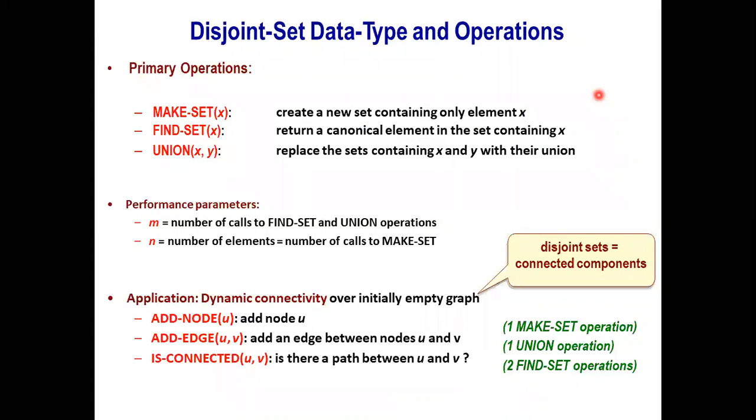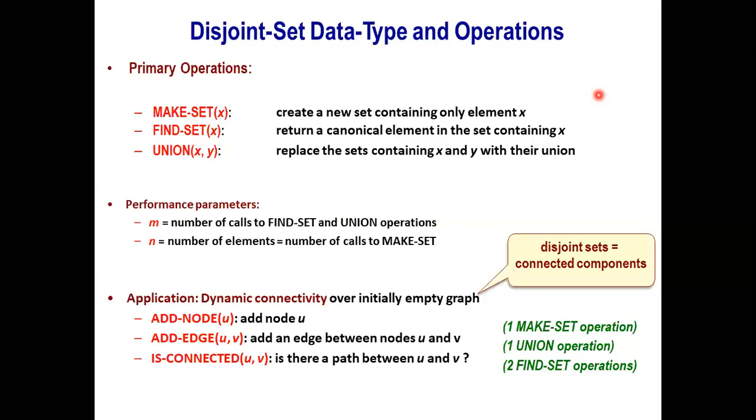Basically, the primary operations of the connected component algorithm, we know the concept: make set, find set, and union set. Using the make set function we create a new set containing only one element. If we apply make set with x as a parameter, then we create a set, say Si, and it contains only the single element x.